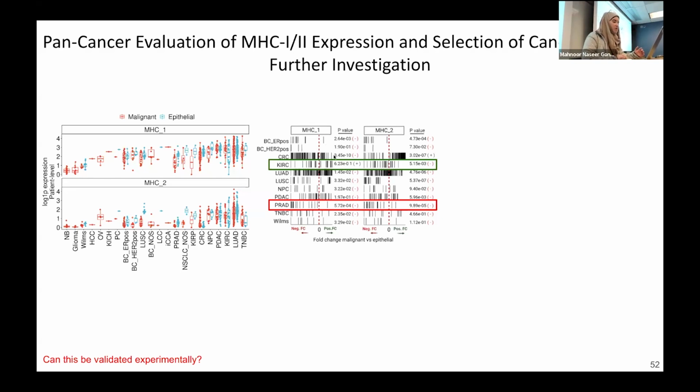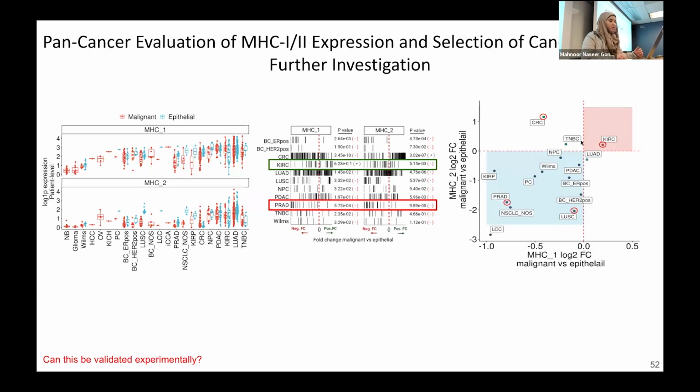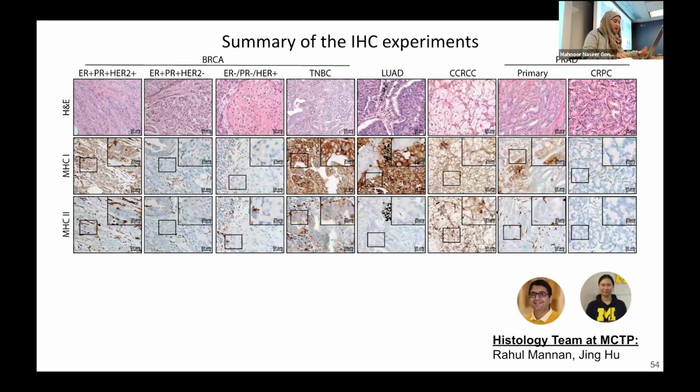So you have a higher fold change for MHC in the CCRCC, which is the kidney cancer, and a much lower expression of MHC class 1 in the prostate. So the kidney cancer has high MHC class 1 and class 2, and the prostate has low MHC class 1 and class 2. And this is how we nominated which interesting cancer types we can look into.